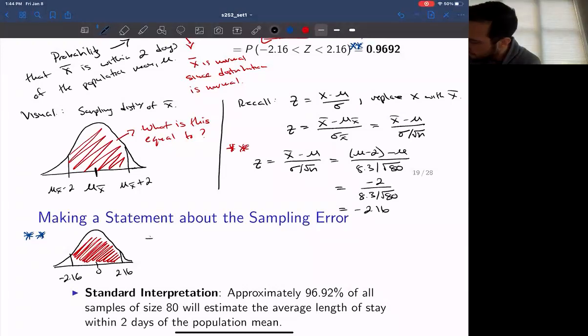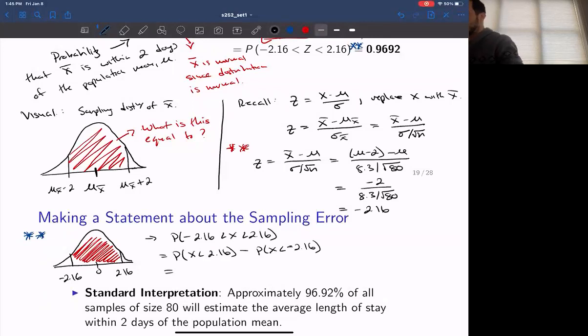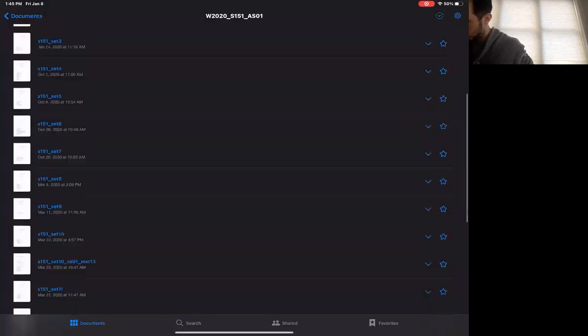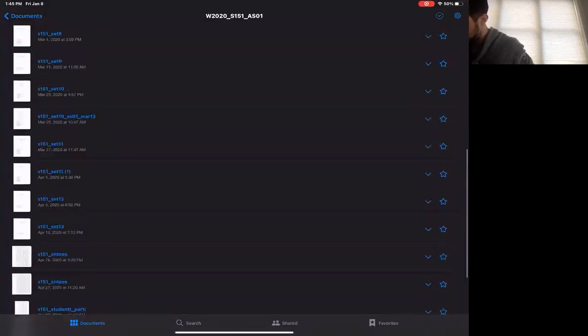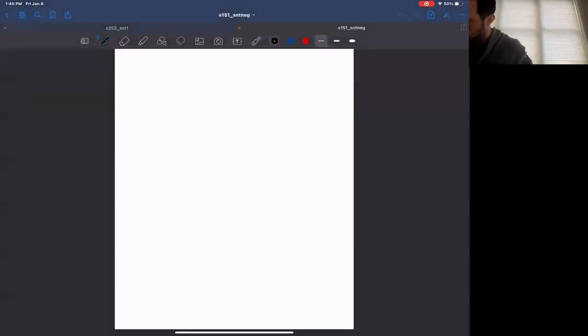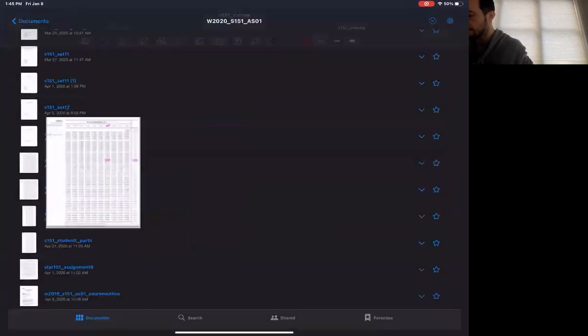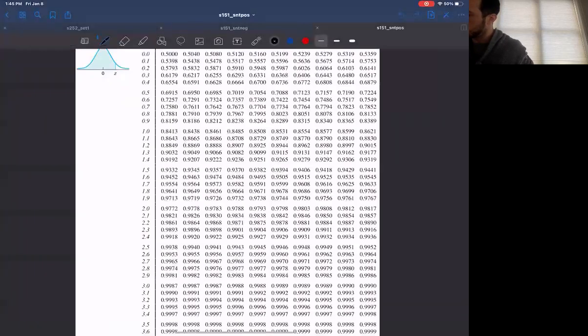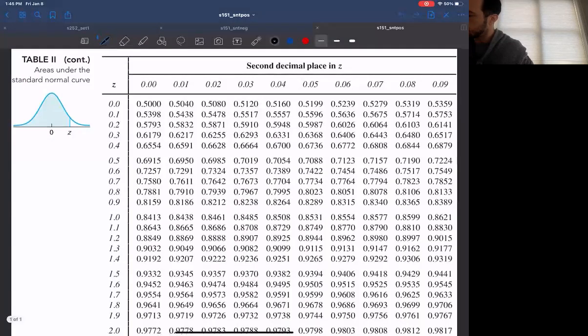So this is the probability that negative 2.16 is less than x is less than 2.16, which is going to be the probability x is less than 2.16 minus the probability that x is less than negative 2.16. Okay, so now if I just open up a normal table, and this is all stuff that we'll see examples of in the coming weeks when we talk about p-values as well, but just as a little bit of an early reminder.